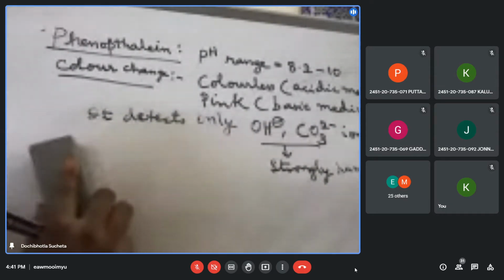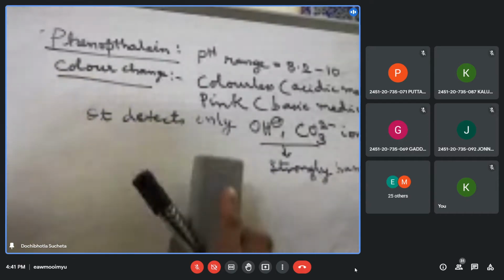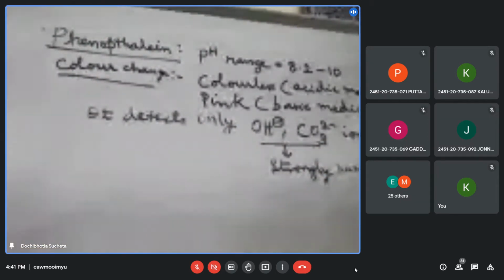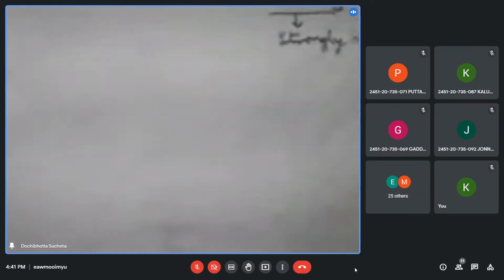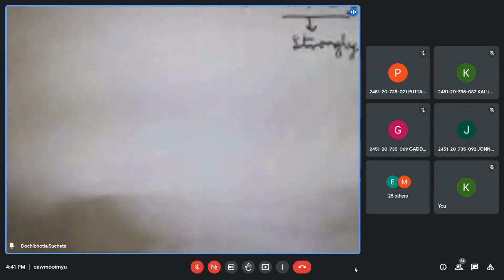Next I'll have to say about the presence of ions. So the next point I need to know is about finding the concentration of these ions.